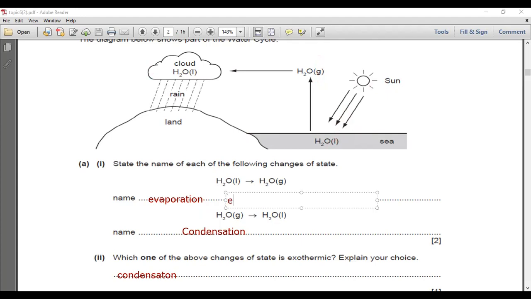Because water needs energy to evaporate. But condensation is exo. Why? Because particles in the gas state have a lot of energy, so particles need to lose energy to become a liquid. Got it?